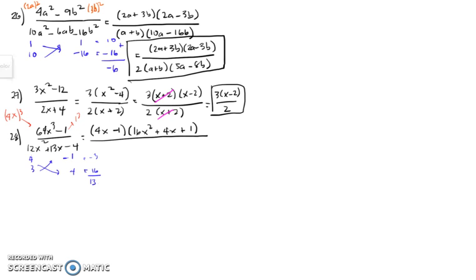So the factors are 4x minus 1, then just add x and copy the sign, that is 3x plus 4. So I can simply cancel 4x minus 1. My final answer is 16x squared plus 4x plus 1 all over 3x plus 4.